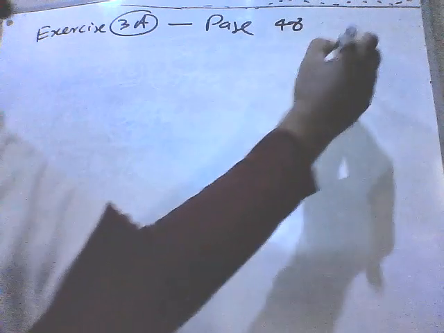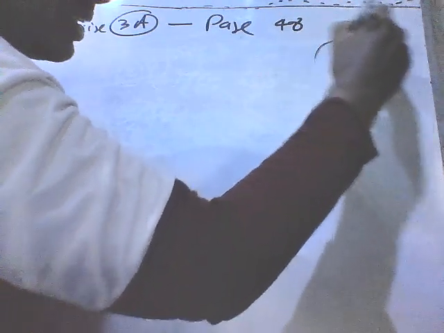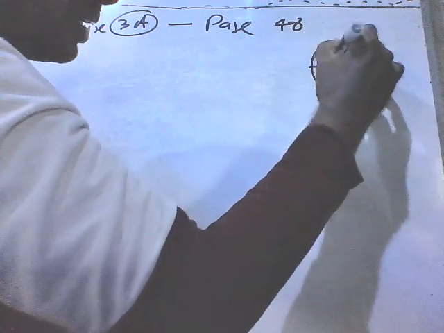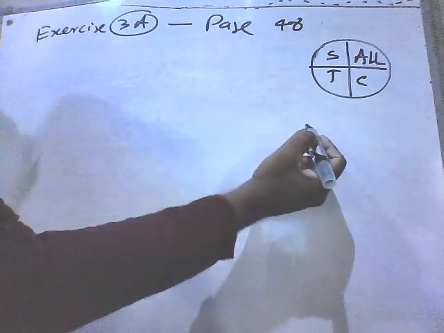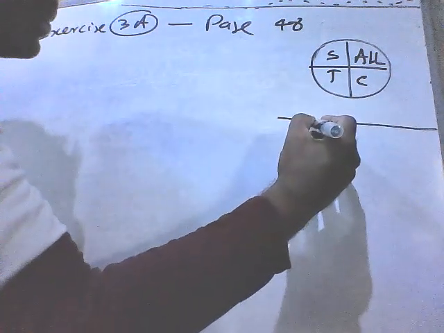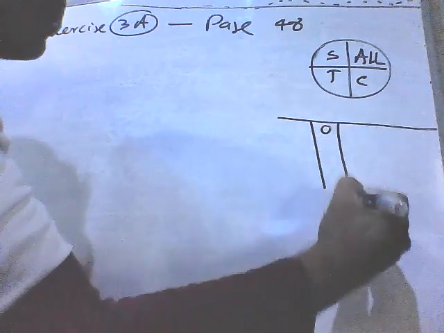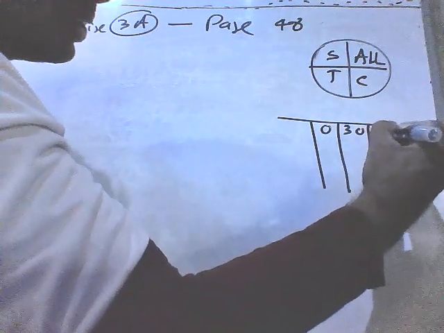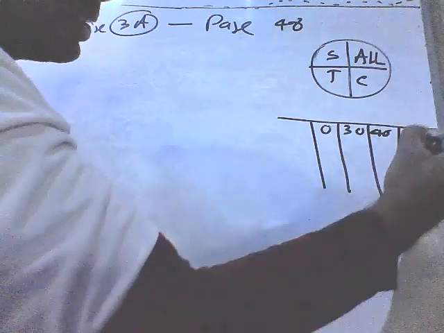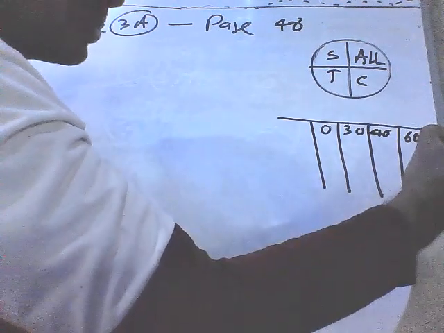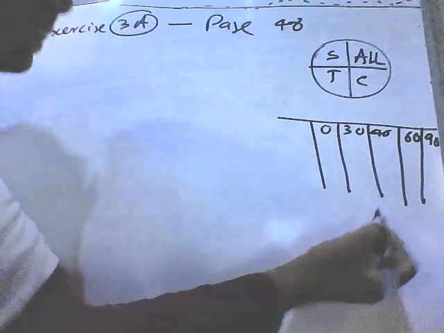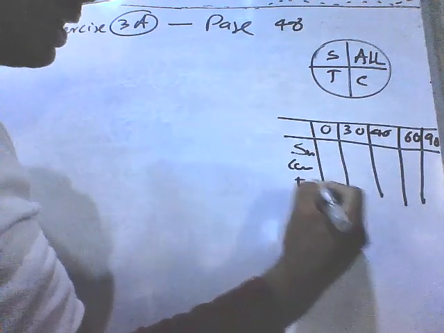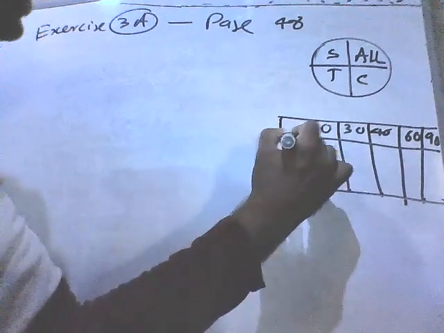Now we are using two things here, right? The first thing is the ASTC rule, and the other one is what I told you, right? 0, 30, 45, 60 and 90. So these sine, cos, tan values, we did these, right? So we will leave that also here.